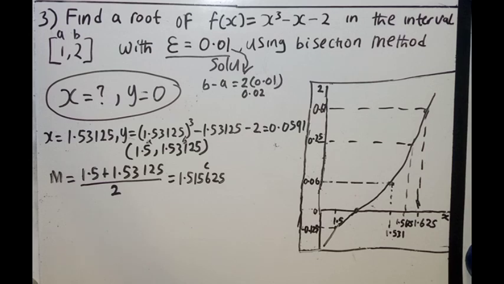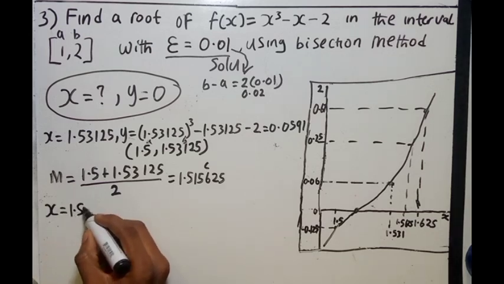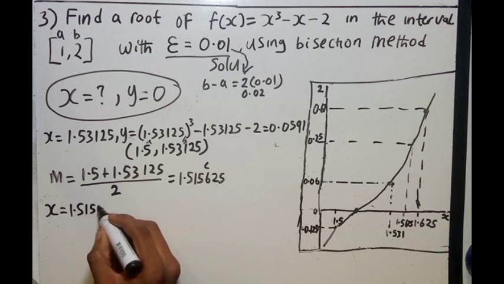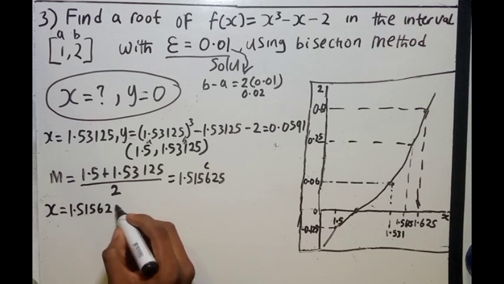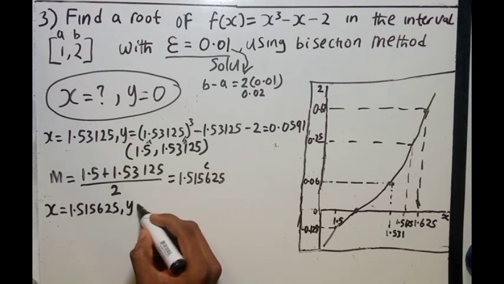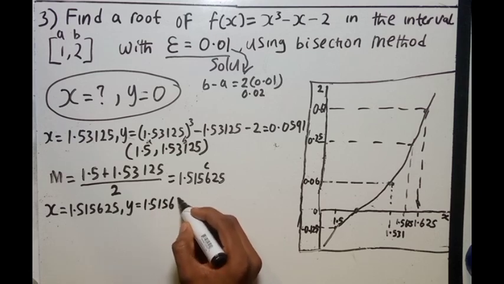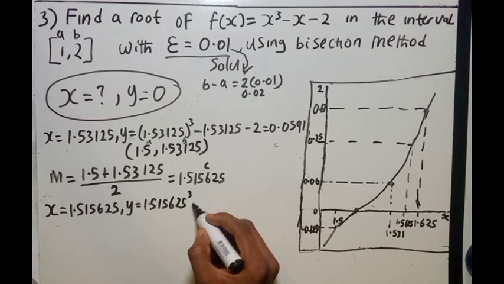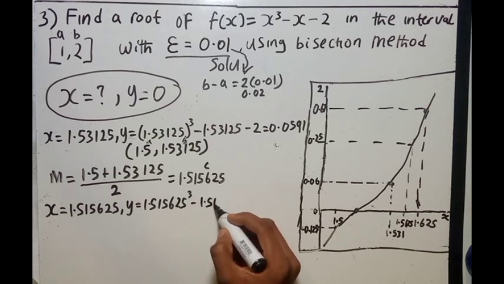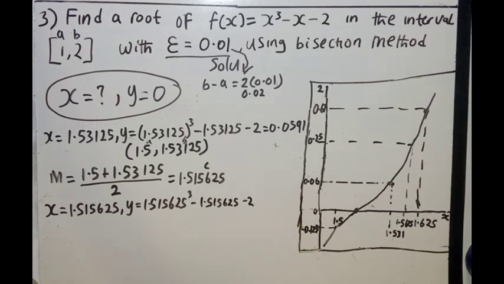So let's find our y when x is 1.51562. Now our y is 1.51565 cubed minus 1.51565 minus 2. Remember, you don't start typing all these six digits.